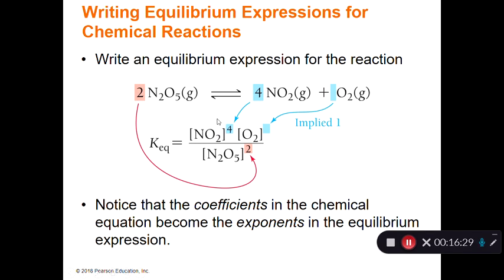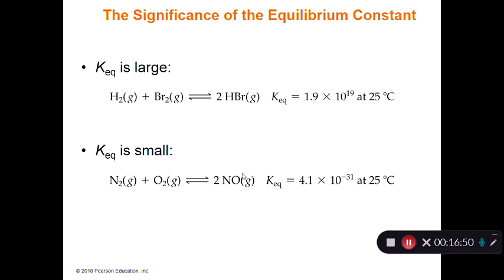If we had a liquid or a solid, don't write it; cross that one out. Liquids and solids have constant concentration and rarely change in the chemical equilibrium, so we don't consider them. I'm going to explain that in the next slide.